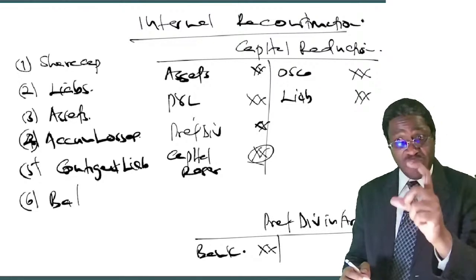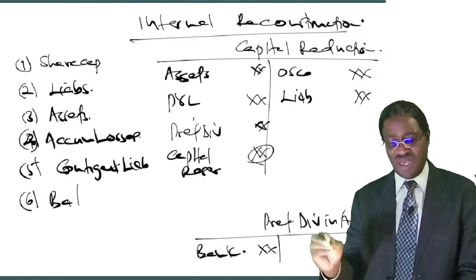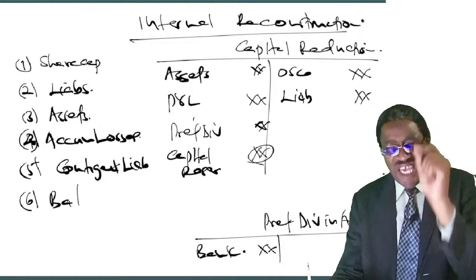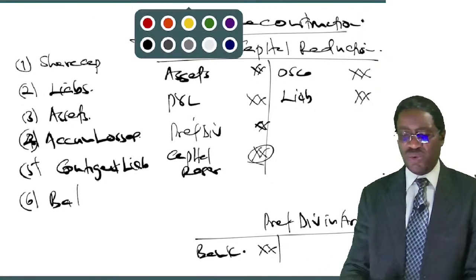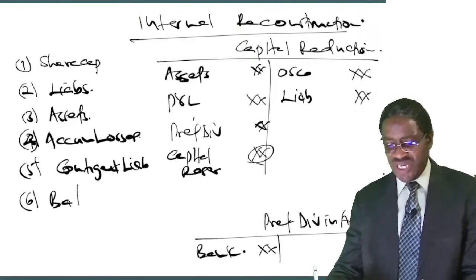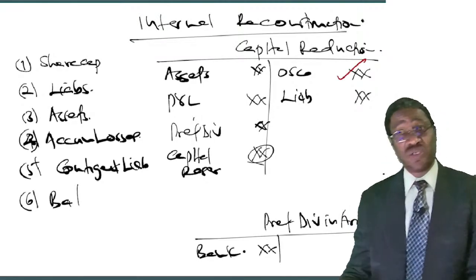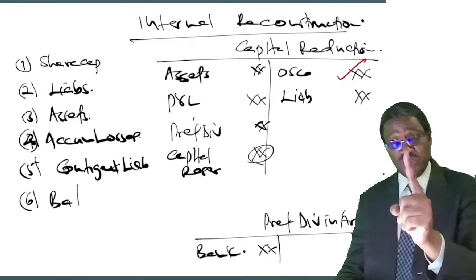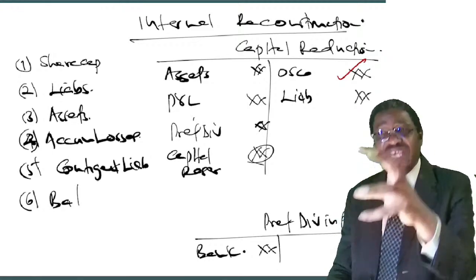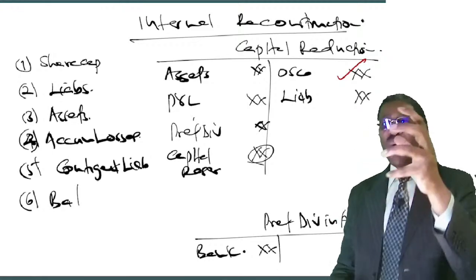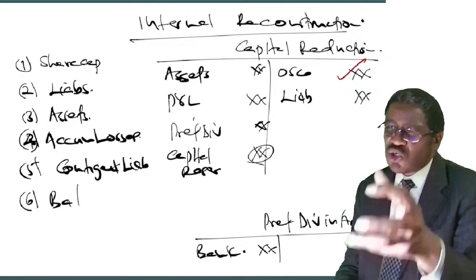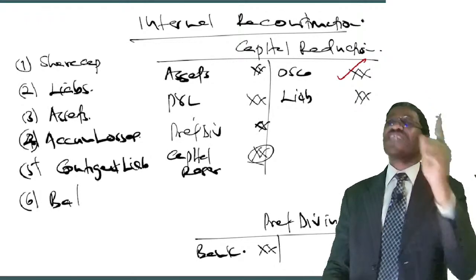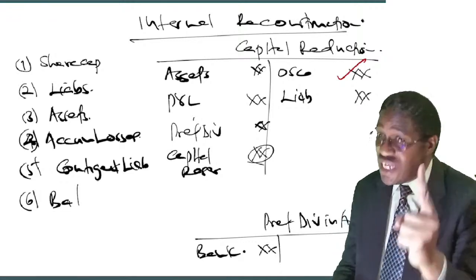I hope you remember when we were discussing last time, we saw that any gain that a company makes in the process of reconstructing the company is credited in the capital reduction. For example, when you called in the shareholders and they were willing to write off part of their capital, whatever amount you wrote off from their capital, as a company, we were gaining.